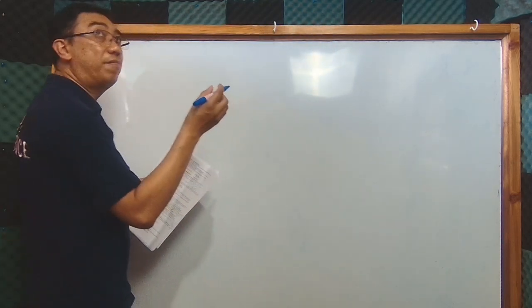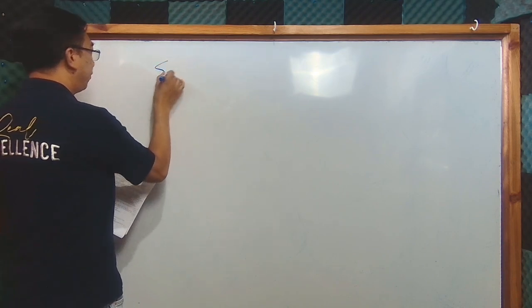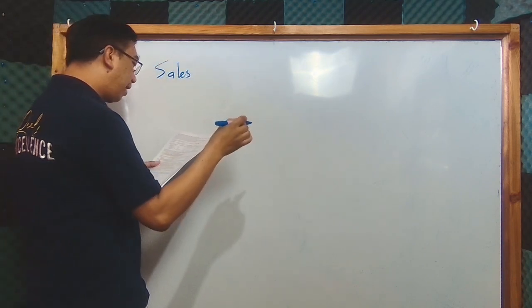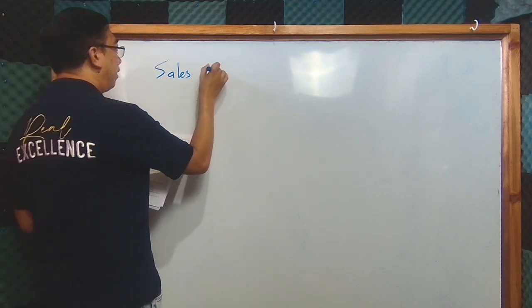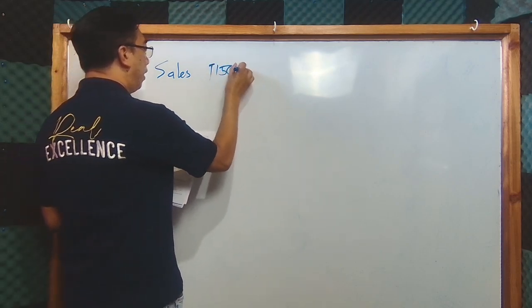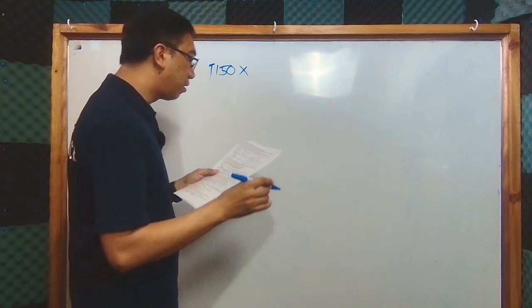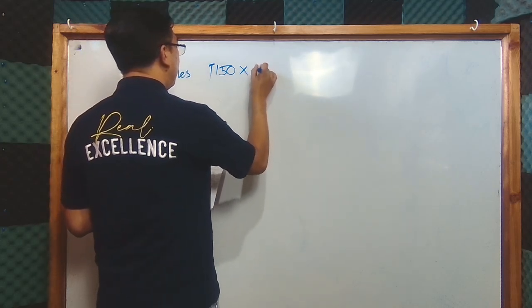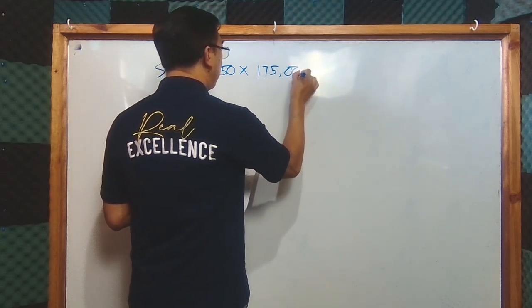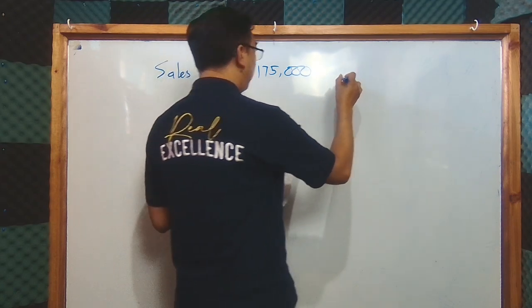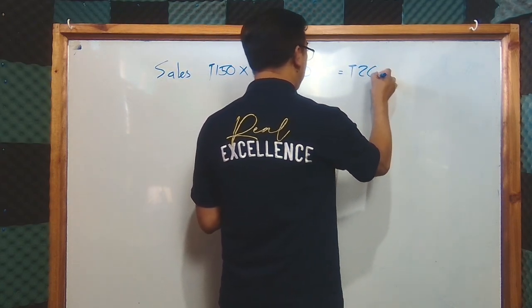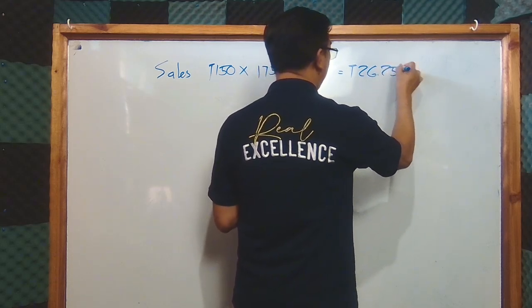So first and foremost, meron tayong sales. Ano ba sales natin? The selling price is 150 times for the current year, it is anticipated that they will have sales of 175,000. So times 175,000 should give us, okay class, that should be 26.25 million.